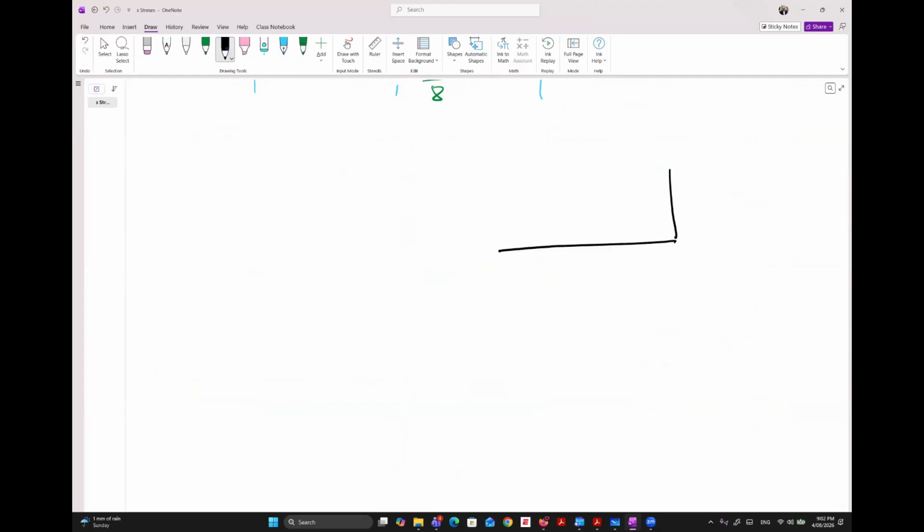If you have a triangle, with B, the base, for example, and H the height, what is the area of this triangle?